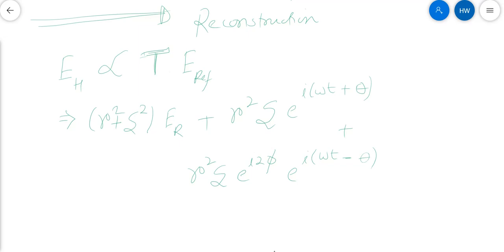Now let's interpret each of these terms.